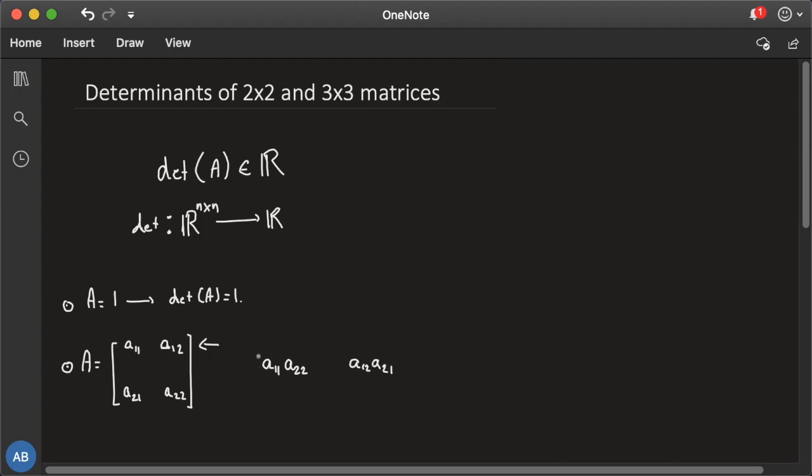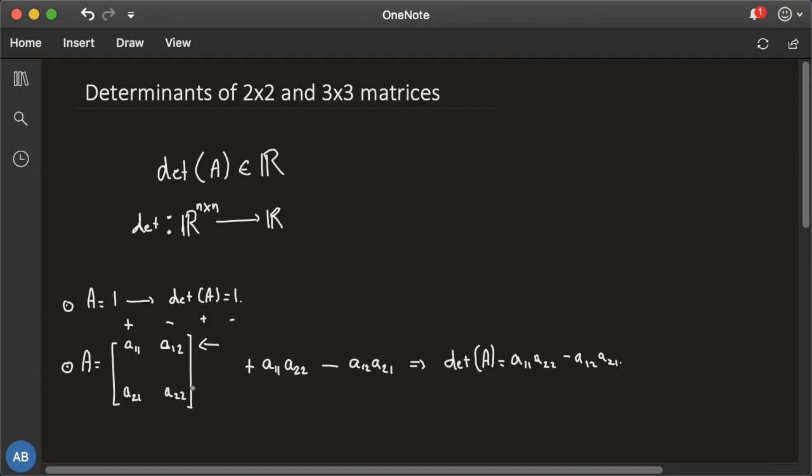Next, to determine the sign, if each product is negative or positive, you could always start with a plus and then you flip. So plus, minus, and so on. So this guy is a plus, since A11 is facing a plus, and A12 is facing a minus. Hence, the determinant of this matrix is A11 A22 minus A12 A21.